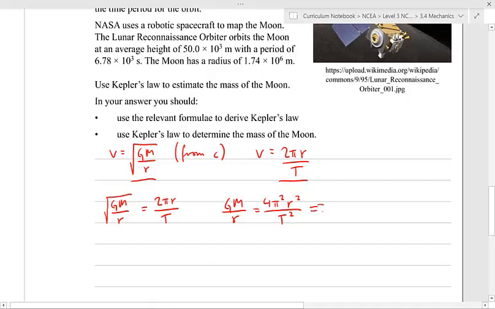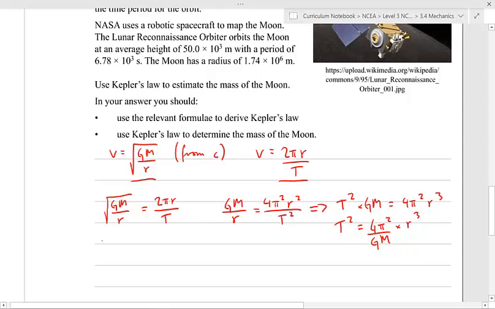So we multiply both sides by T squared, and we'll multiply both sides by r. T squared GM is equal to 4 pi squared r cubed. So T squared is equal to 4 pi squared over GM times r cubed.